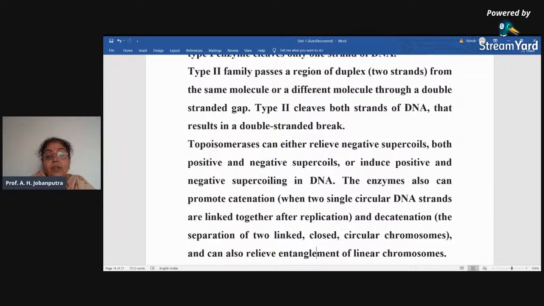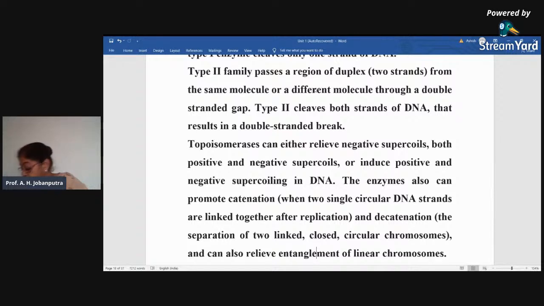So what is catenation? When two single circular DNA strands are linked together after replication, that is known as catenation. And decatenation is the separation of two linked closed circular chromosomes.